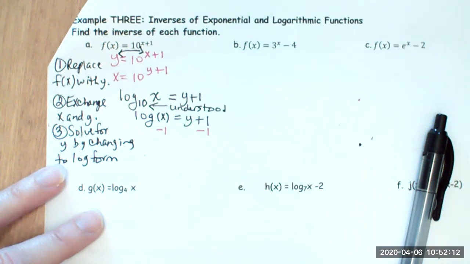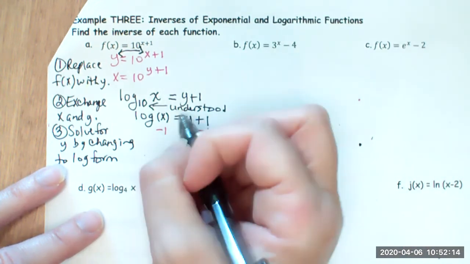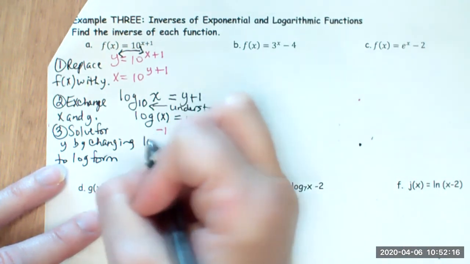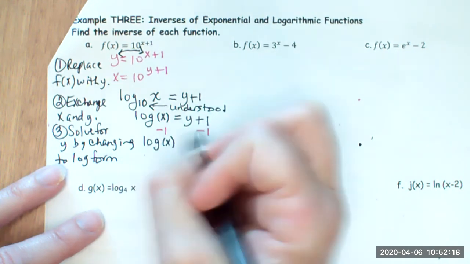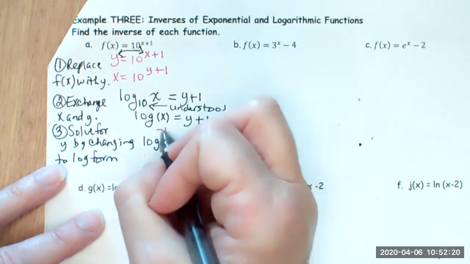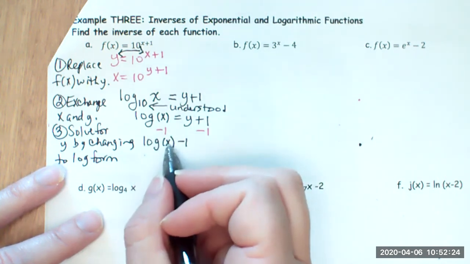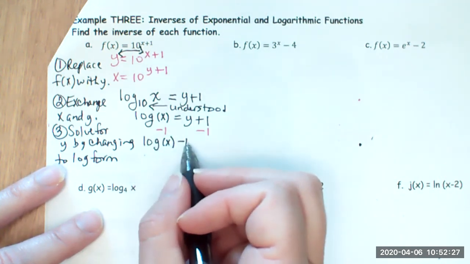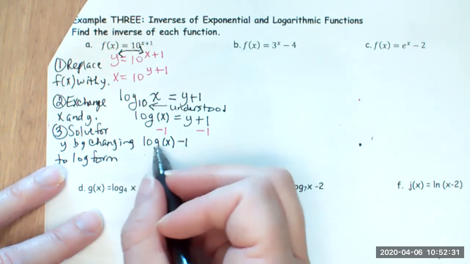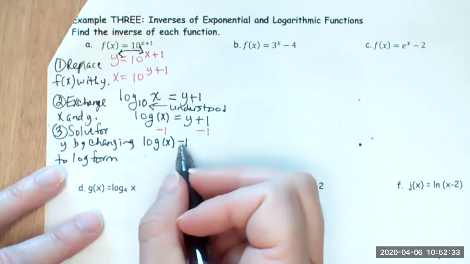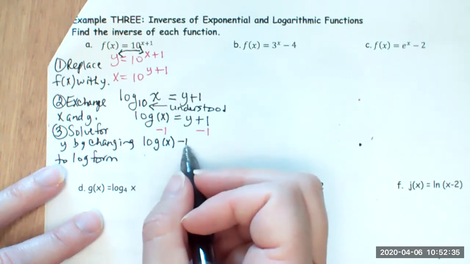And I want to make sure that I recognize that log base 10 of x is separate from the minus 1. In other words, the argument of the log is simply x, and the minus 1 would be the k value. In other words, what we have here is a base 10 logarithm shifted down 1 from the parent function. This is the k value, not the h value.